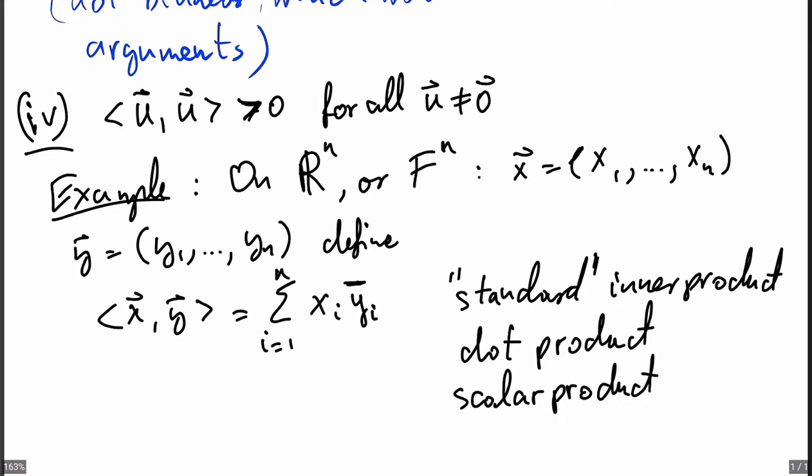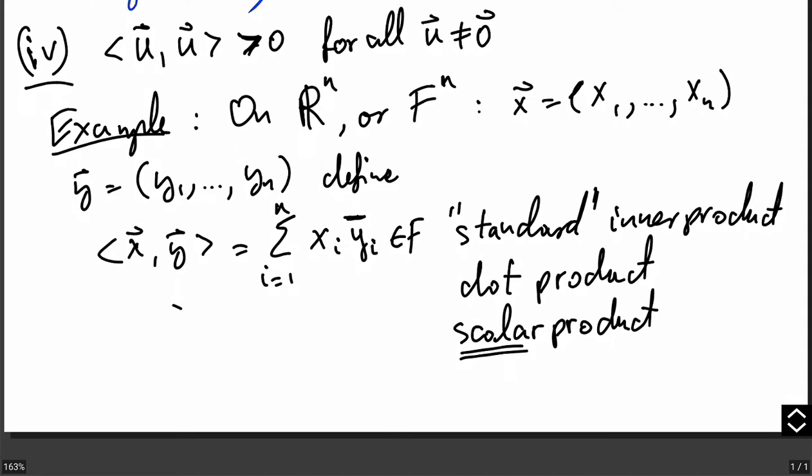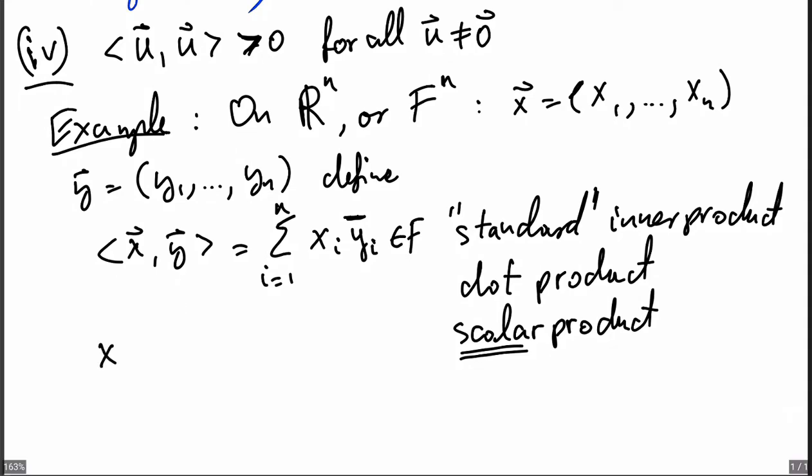So we start with vectors and the result is a number. That's why it's called a scalar, because the result is a scalar. And we also have, for this kind of vectors, the standard vectors, the notation with the dot, hence the name dot product.